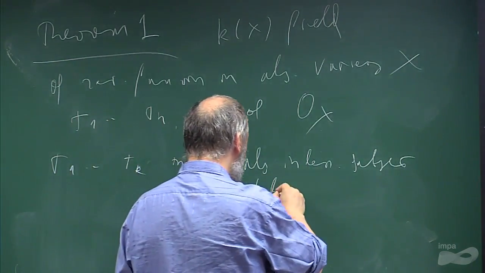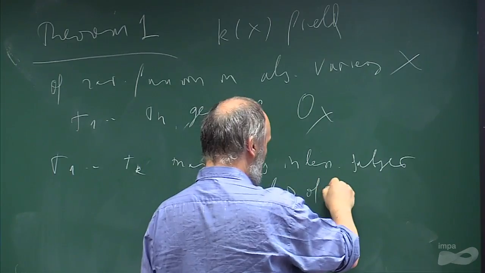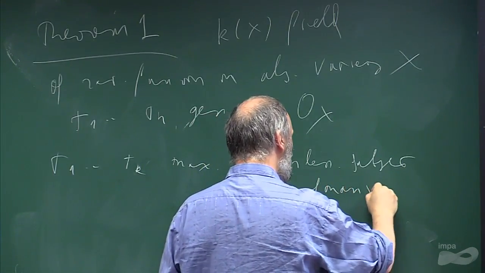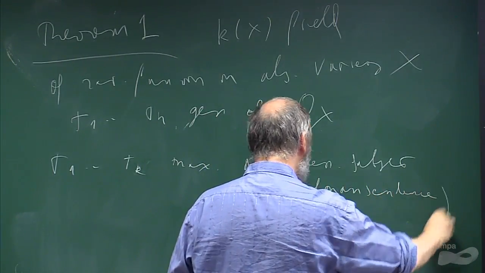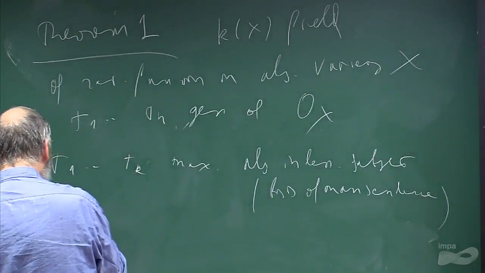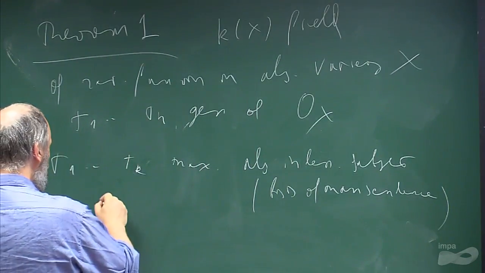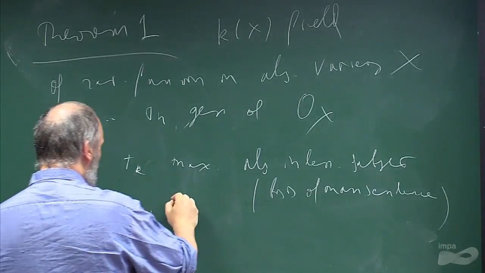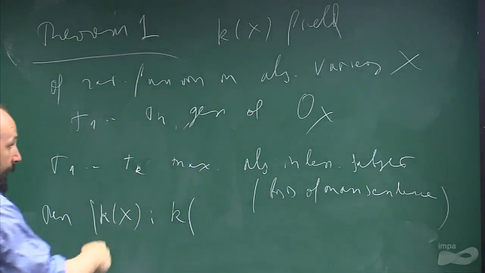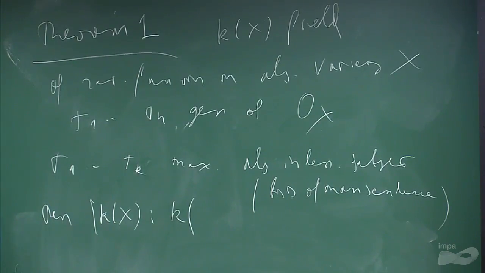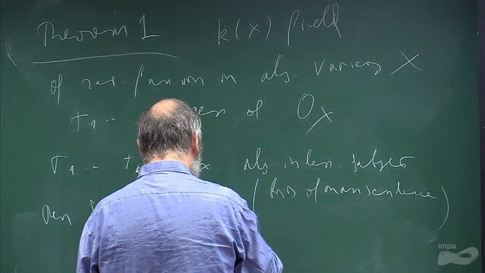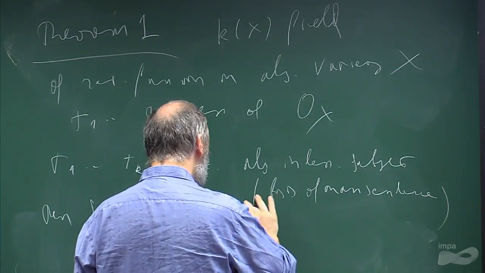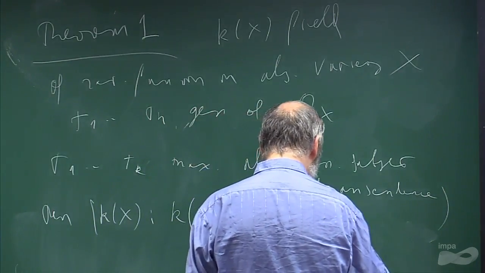So this is a basis of transcendence. Then you have an extension k of x over k of t1 dot tk, the rational functions, and now this is the algebraic independence. This is finite.